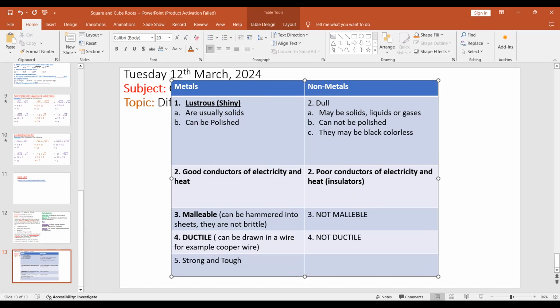They have high tensile strength. So we use them to build our buildings. We use them to hold things together. We use them because they're strong and they're tough. Whereas non-metals, they are weak, right? And brittle, right? So they're not strong.